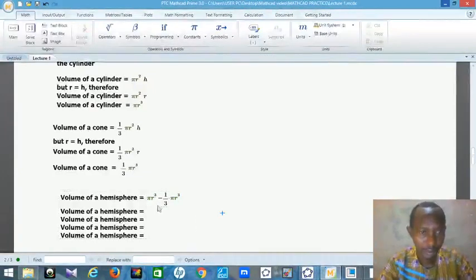Okay. That's the volume of the cylinder, pi r cube, minus the volume of the cone, 1 over 3 pi r cube.